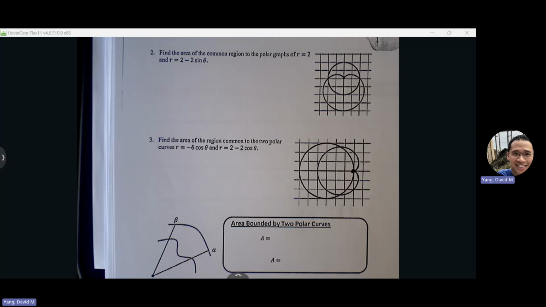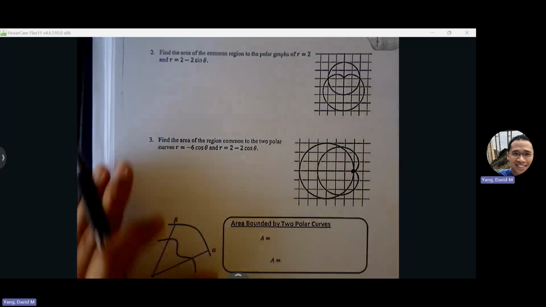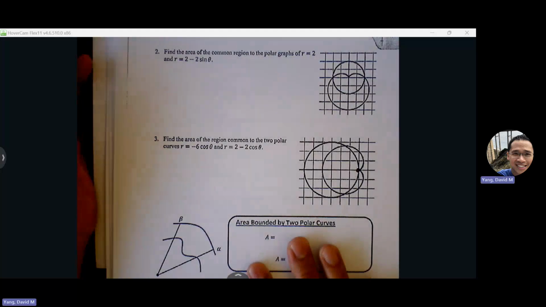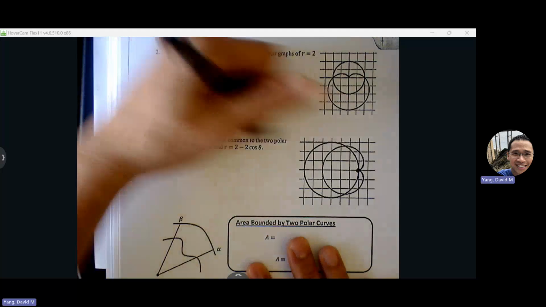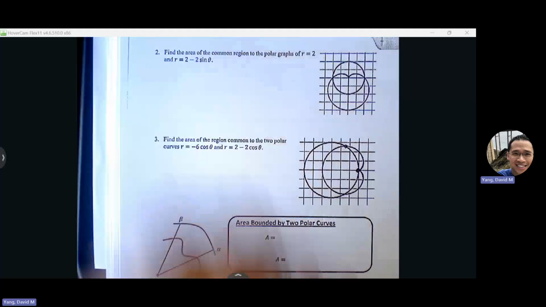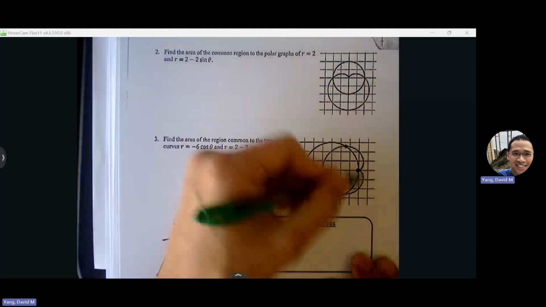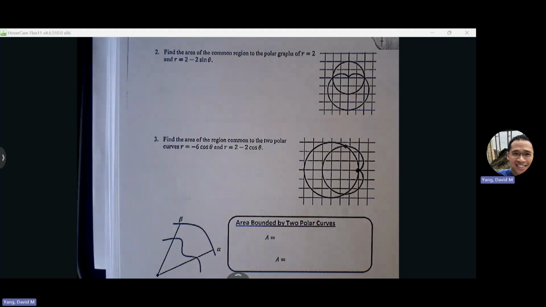So for number 3, we realized that the intersection was an important point, right? It says to find the common area of the region of the 2 polar curves. So we have a circle and we have a cardioid here.